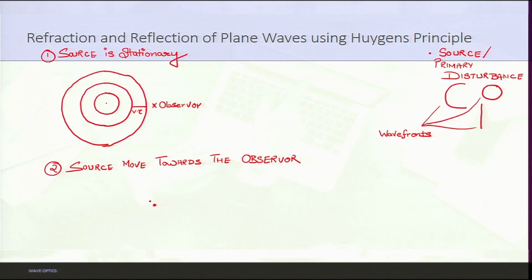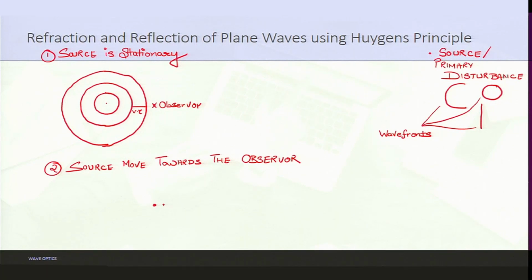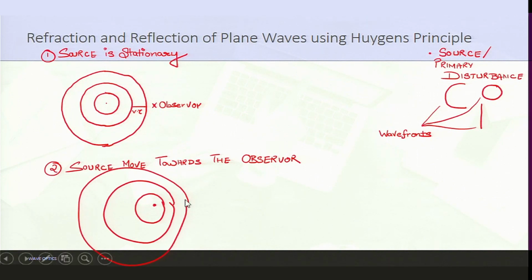These are all circles only, but because of the Doppler effect the wavefront is a little shifted towards the source, that is, the right side amount is being decreased and the left hand side amount is being increased. Let us suppose that these are both on scale, and this is the observer I am talking about.